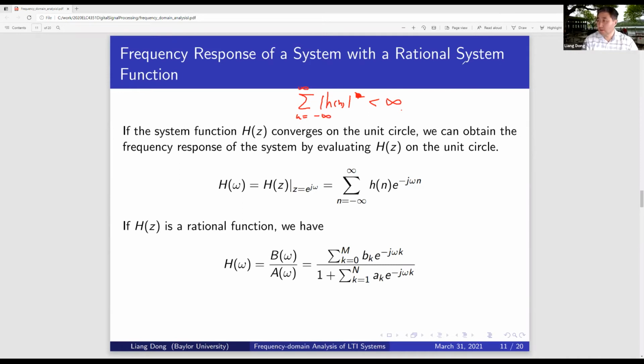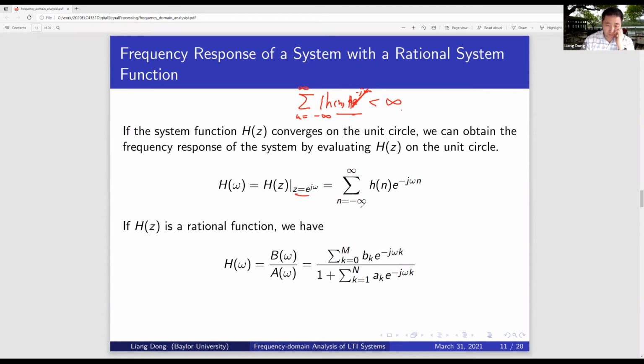Now how to see that is because we neglect a term, e to the power -j omega n. Put it in absolute value. That's my Z transform. So if you evaluate on the unit circle, then this becomes 1. So I got exactly here, H omega is H(z) evaluated on the unit circle.